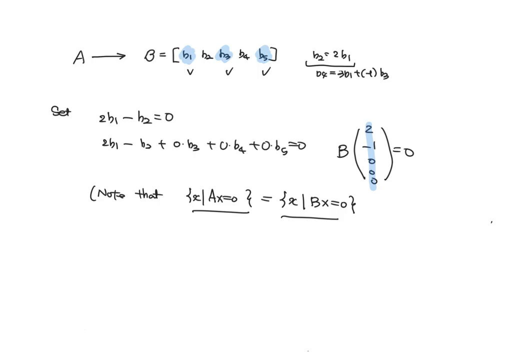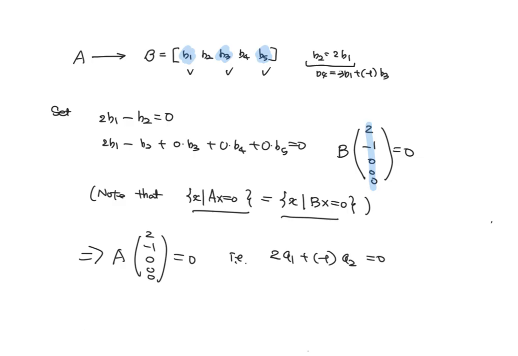So when I consider this, B times this vector is 0, then when I apply that vector to A, you must have the 0 vector. In other words, 2 times A1 plus -1 times A2 plus 0 times A3 plus 0 times A4 plus 0 times A5 must be 0.